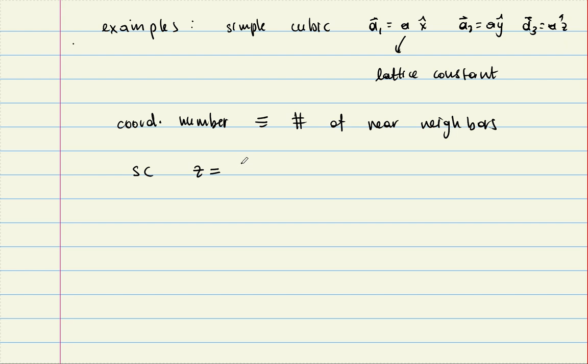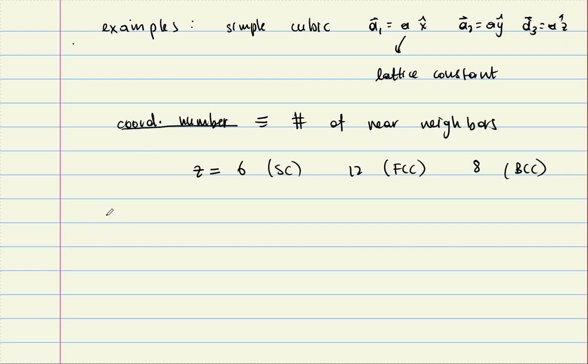There are 6 in simple cubic, so Z is equal to 6 in simple cubic, 12 in FCC, face-centered cubic, and 8 in BCC, body-centered cubic. So this is the coordination number.